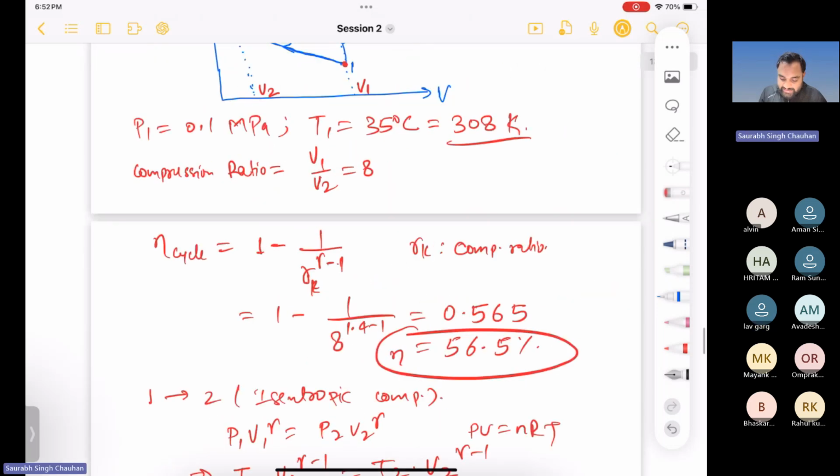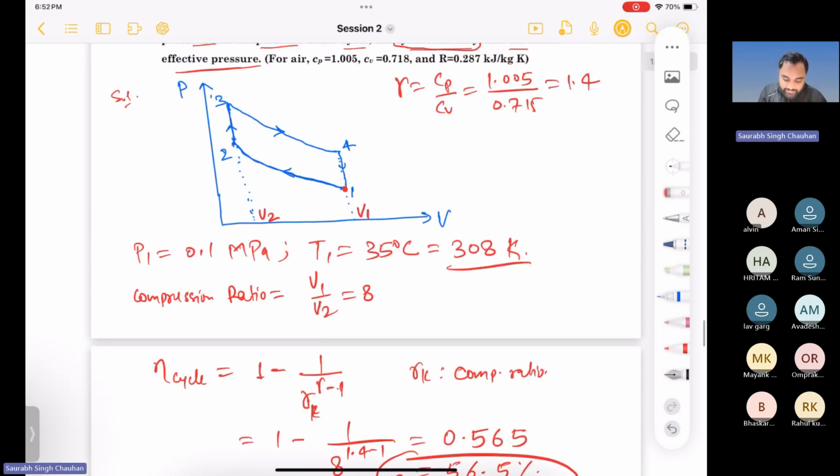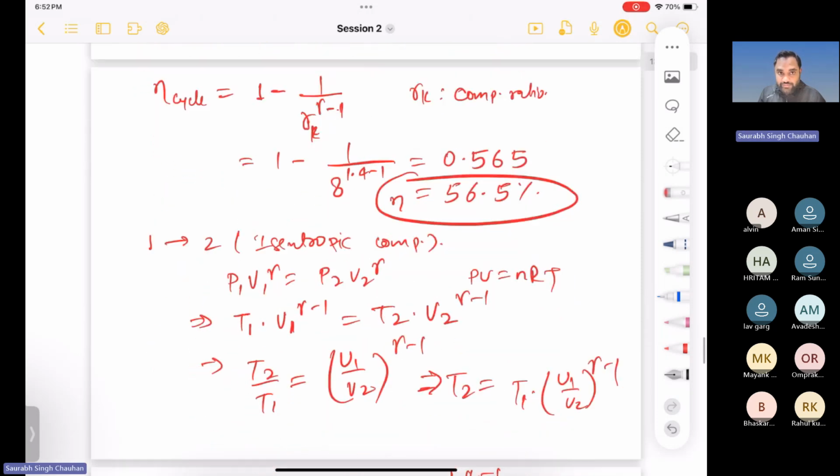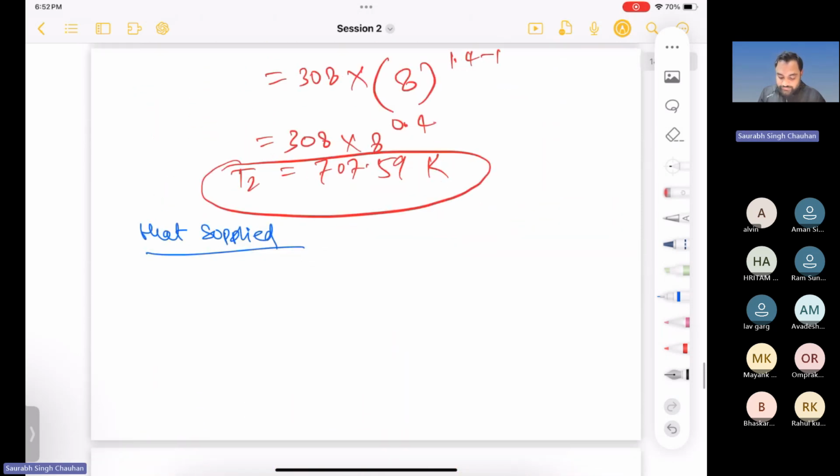Heat is supplied during 2 to 3, correct? This is the heat addition process, a constant volume heat addition process. So heat added will be equal to Cv times T3 minus T2, correct?